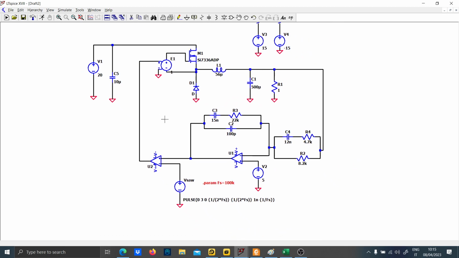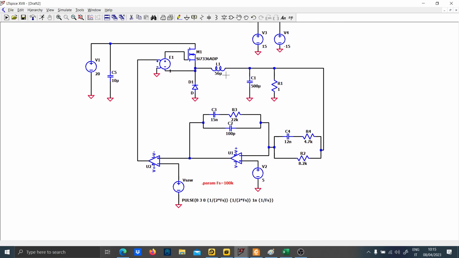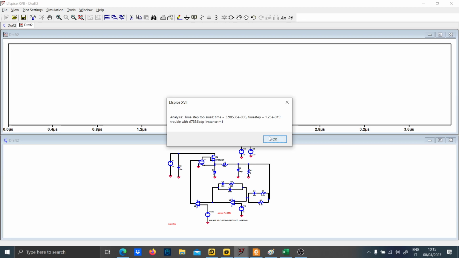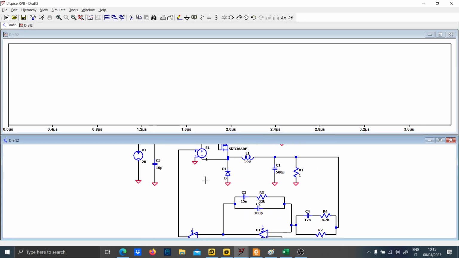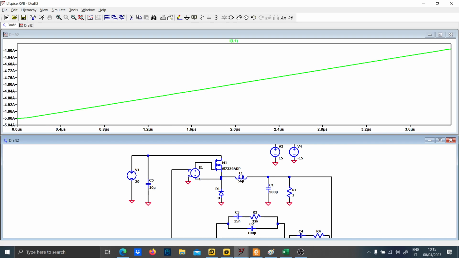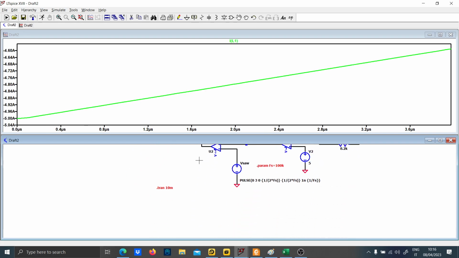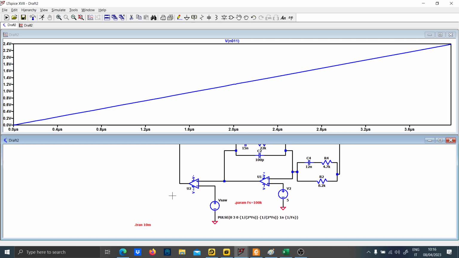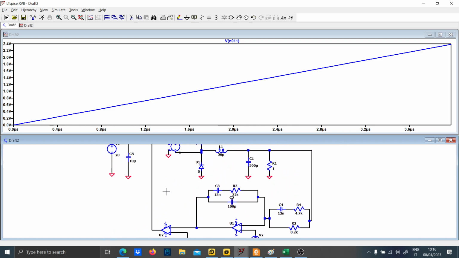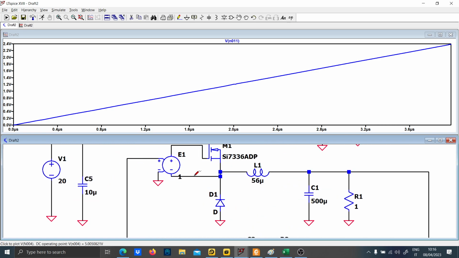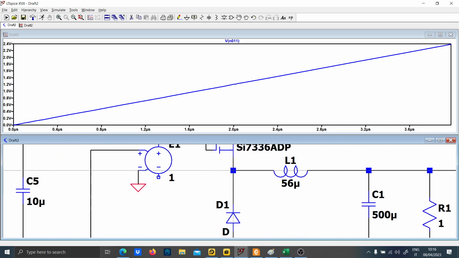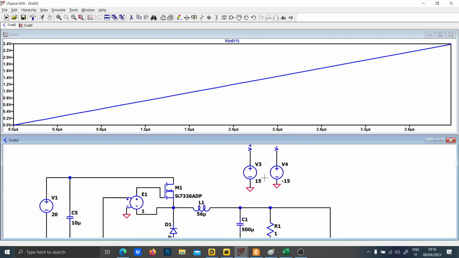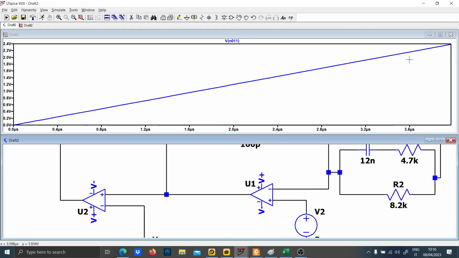Okay. So now let's set the reference voltage and let's set the load to 1. Now we can run the simulation from 10 milliseconds and let's see what happens. Okay, something is clearly wrong and we have to understand. V plus, V minus.